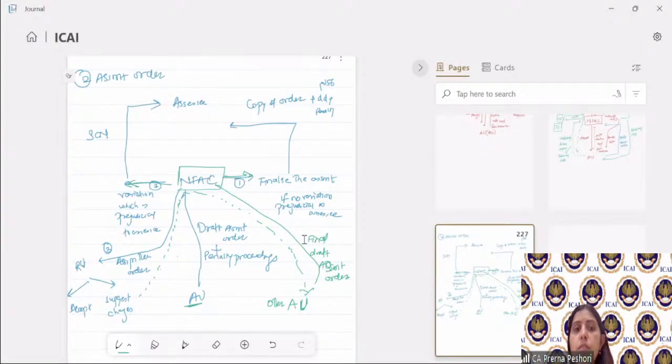Now, when it is giving the show cause notice, the assessee has to furnish the response to that show cause notice. Right?